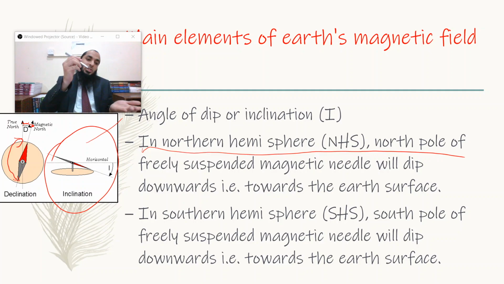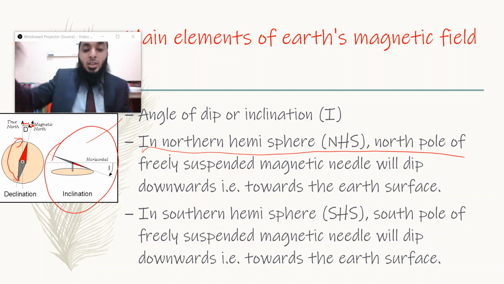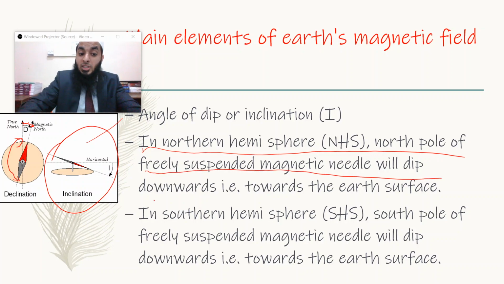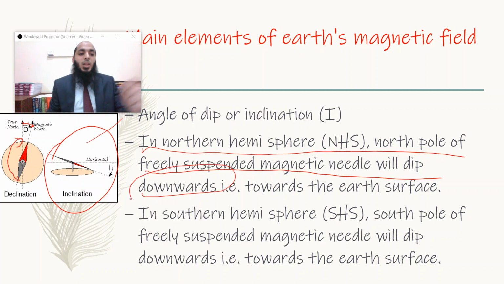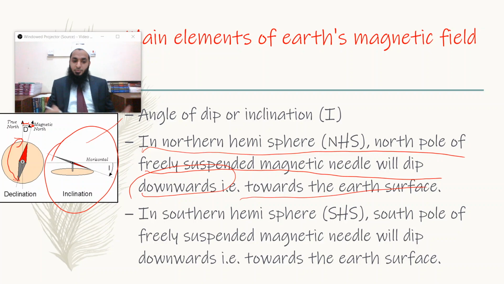So south and north attract. The magnetic needle's north pole will be attracted to the south pole of the Earth's magnet. Clear? So yes, that's what is written here. In the northern hemisphere, the north pole of the freely suspended magnetic needle will dip downwards, that is towards the Earth's surface. Understood?